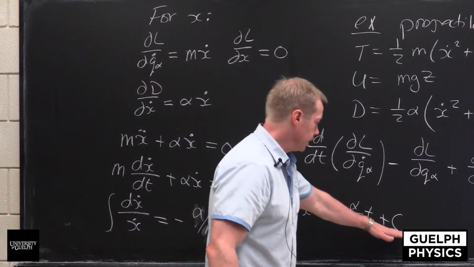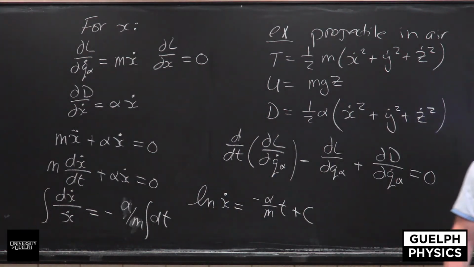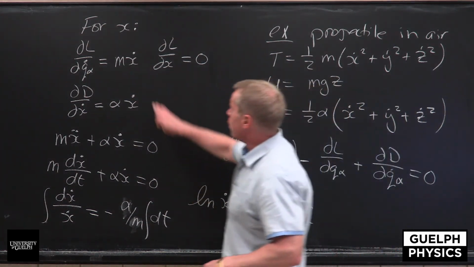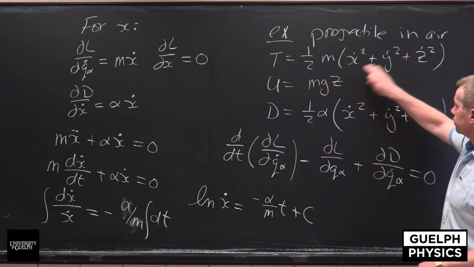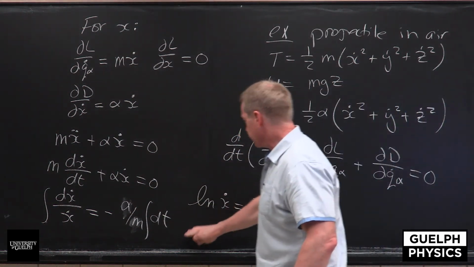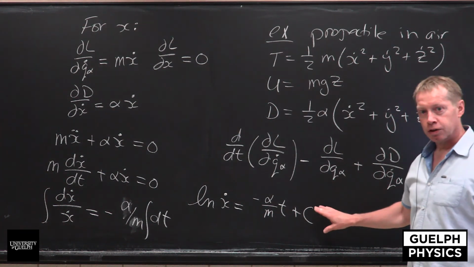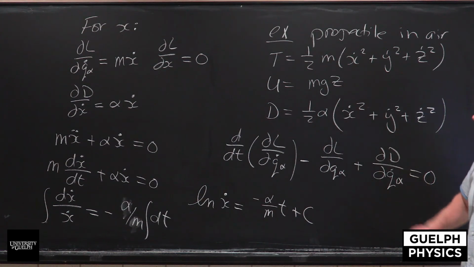And the constant c is determined by the initial conditions. I would have exactly the same form for the y component because there's symmetry here between x and y. So I won't bother doing that, but I end up with exactly the same kind of expressions. The difference will come in then for the z component, and we'll do that next time.